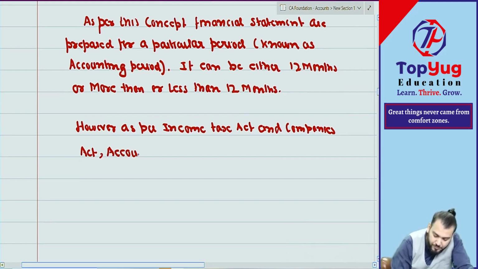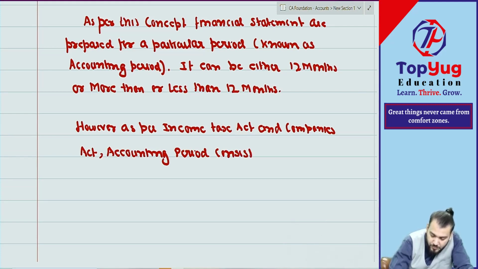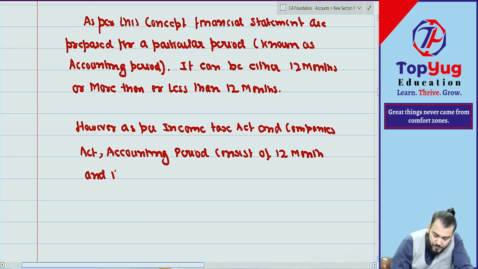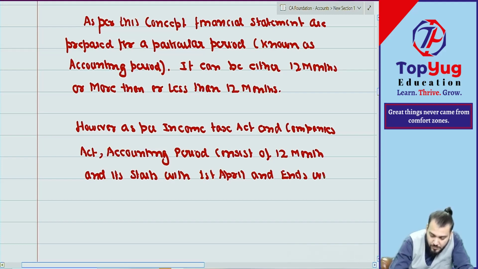Accounting period consists of what? 12 months, and it starts with 1st April and ends with 31st March, correct?